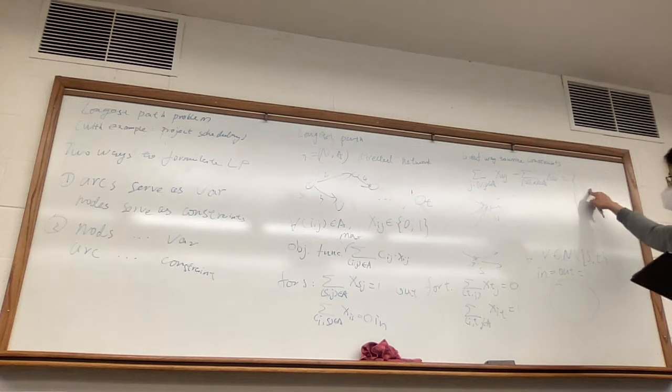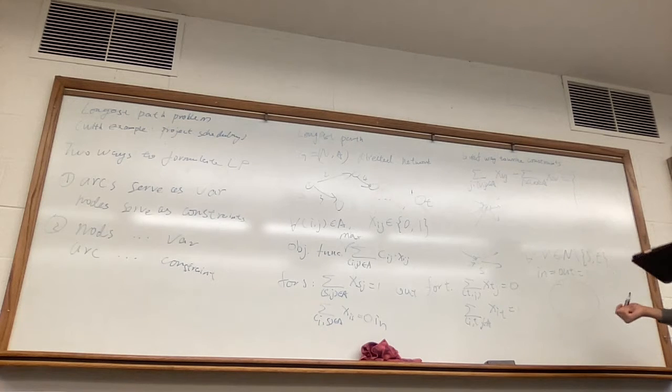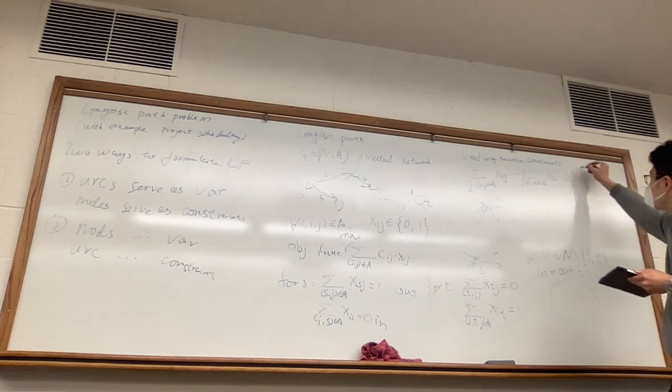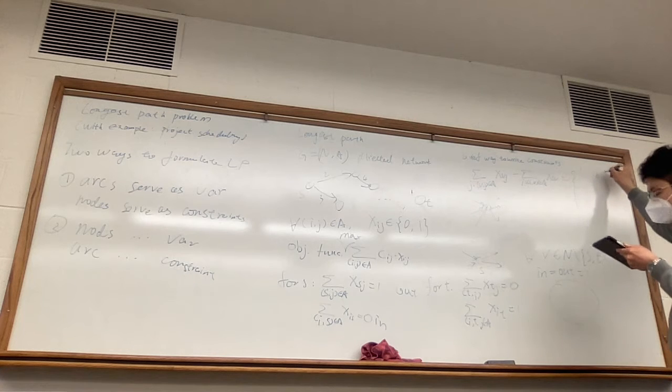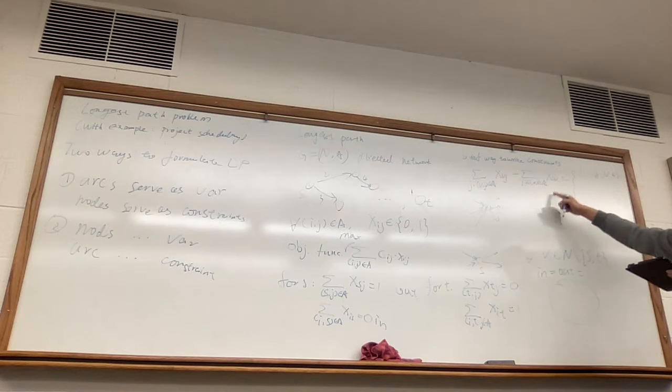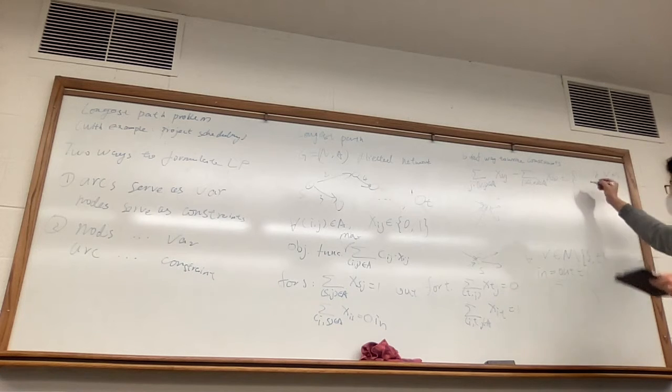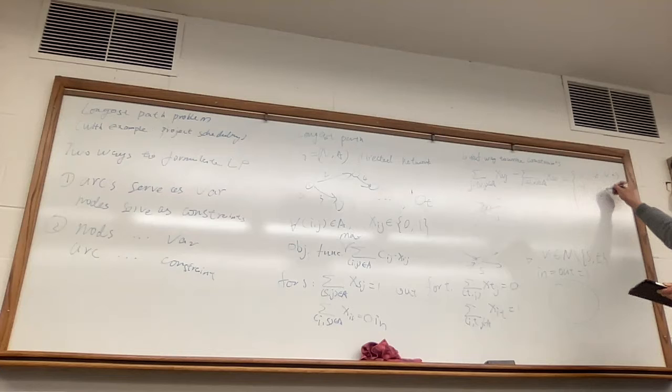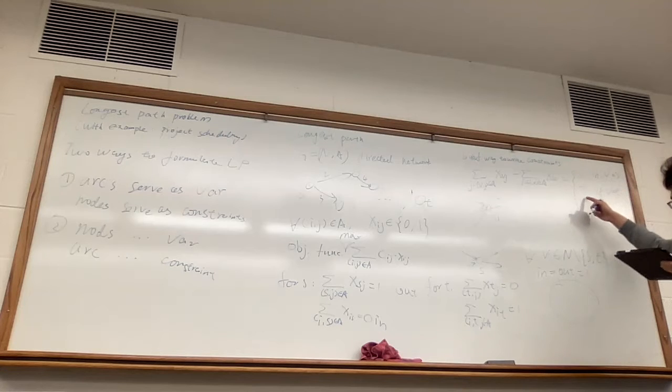S, T, and all the nodes that are not S or T. So this should equal 1 if V is S. This means that for S, out minus in equals 1. And for T, it should be minus 1, and 0 otherwise. Is that correct? This is a brief way.